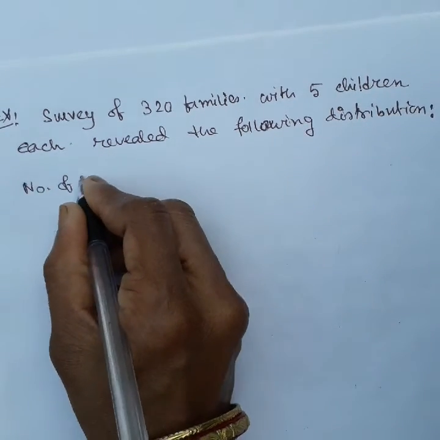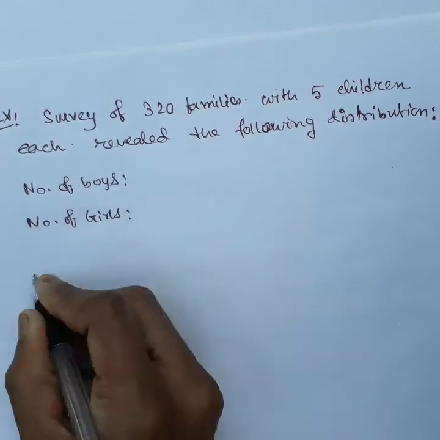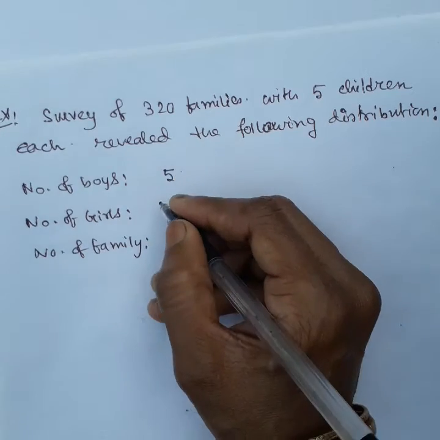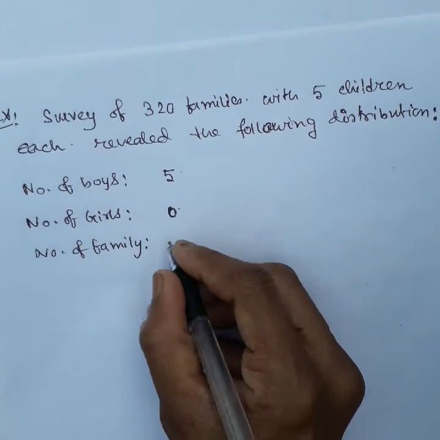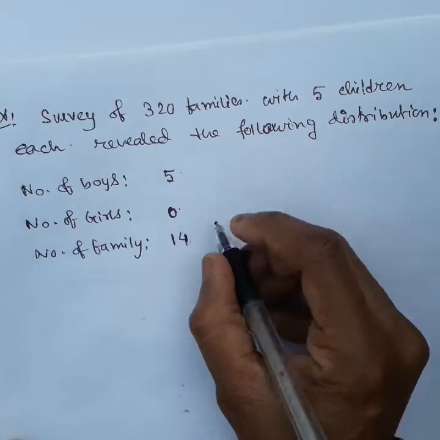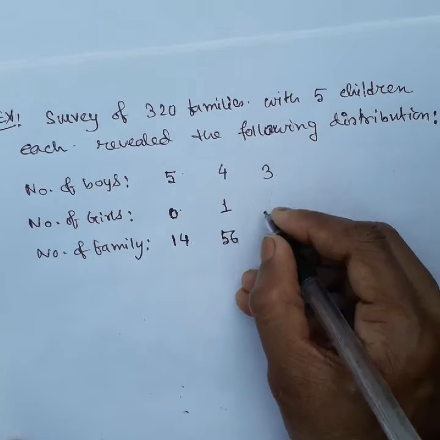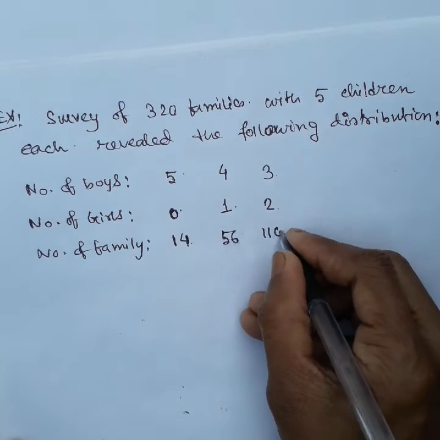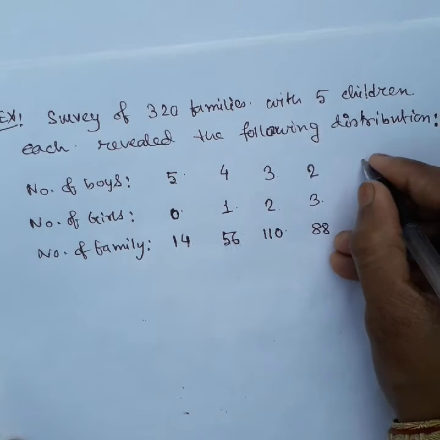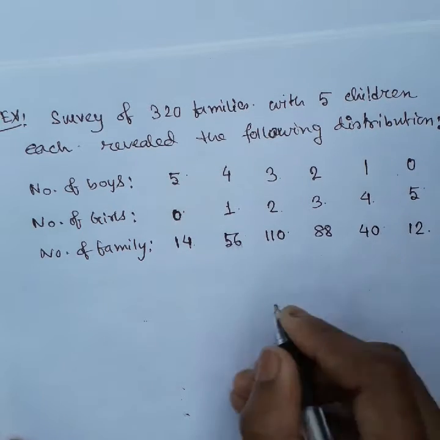Okay, so number of boys, number of girls, and number of families. First, 14 families have 5 boys and 0 girls. 56 families have 4 boys, 1 girl. 3 boys, 2 girls with 110 families, and 2 boys, 3 girls of 88 families, 1 boy, 4 girls of 40 families, 0 boys and 5 girls, 12 families.